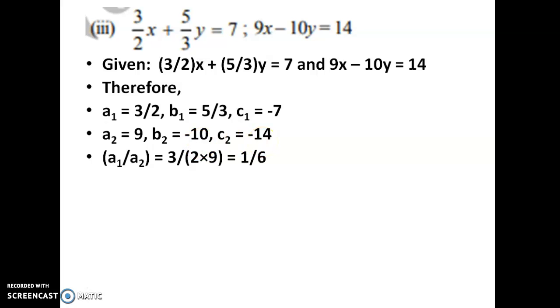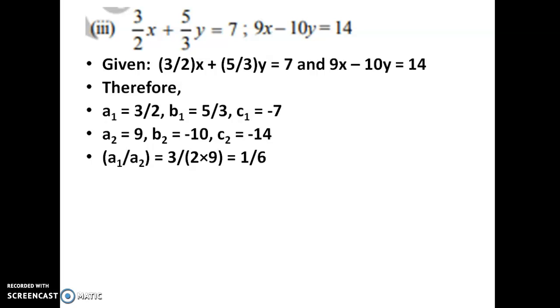Okay, a1 by a2 equal to 3 by 2. Actually, you have to write 3 by 2 divided by 9. Since this is typing, I can't write that, so I showed it with the bracket. So 3 by 2 divided by 9. 9 is in the numerator and you can write 9 by 1. So 3 by 2 divided by 9 by 1.